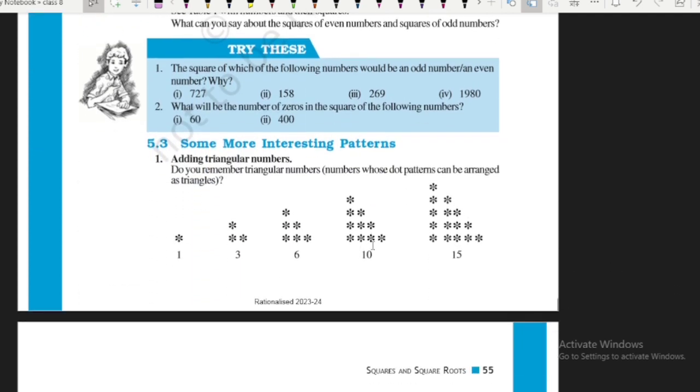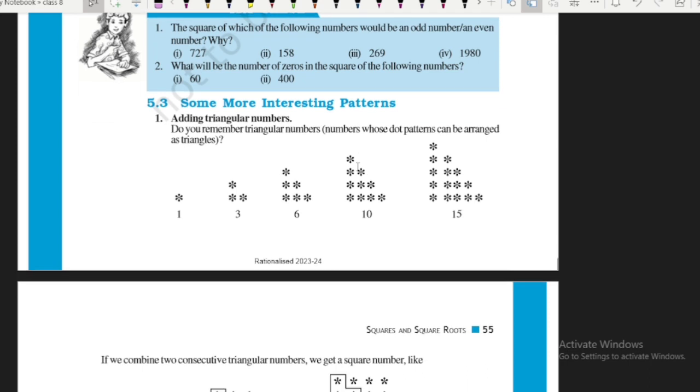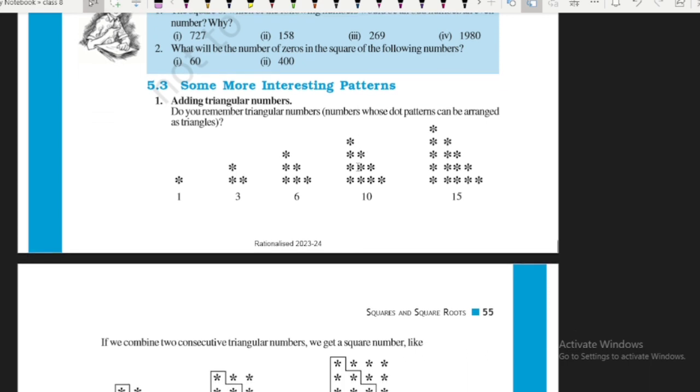Next, there is a more interesting pattern, that is adding natural numbers. We can see numbers whose dot patterns can be arranged as triangles. If dots can be arranged in triangular form, then we can add any two consecutive triangles so that we get a perfect square number.